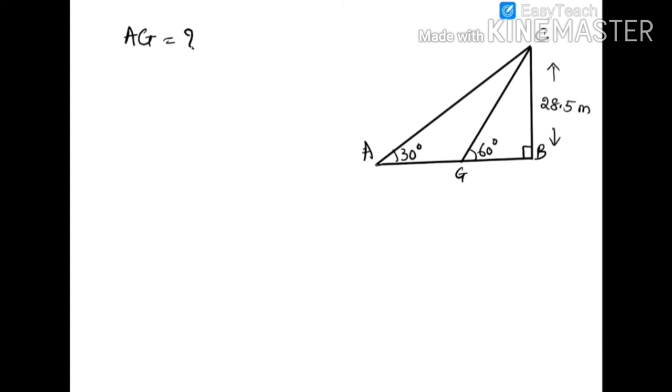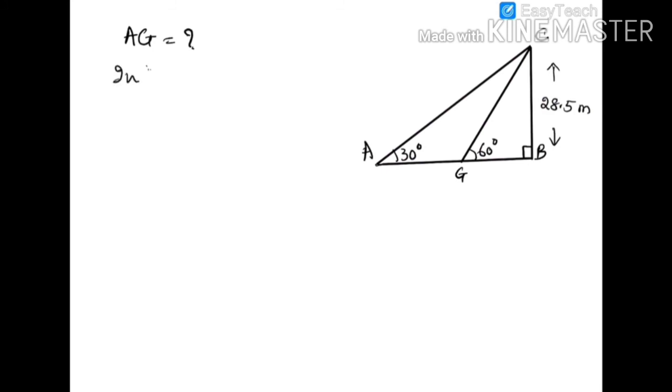We have to pick only those two triangles which are right angled. So using these two triangles, we are going to find out AG. First, we will find out GB using triangle CGB. Then we will find out AB using triangle ABC, and then we will subtract AB and GB to get AG.